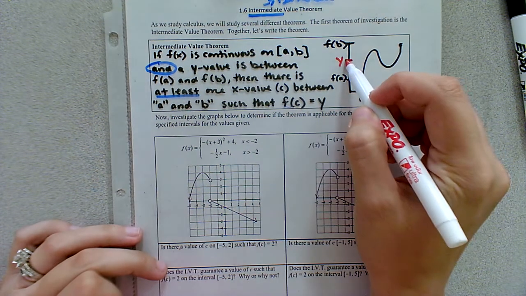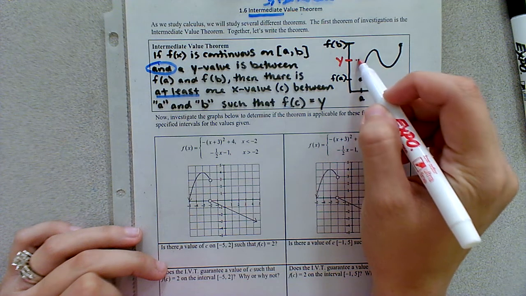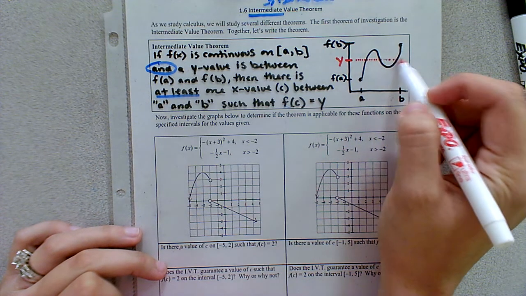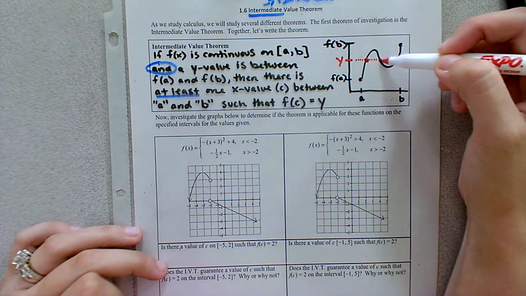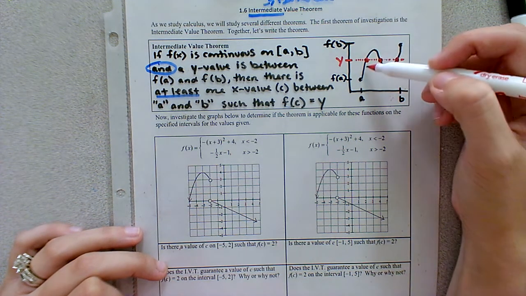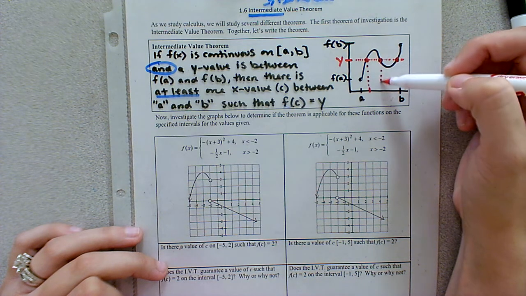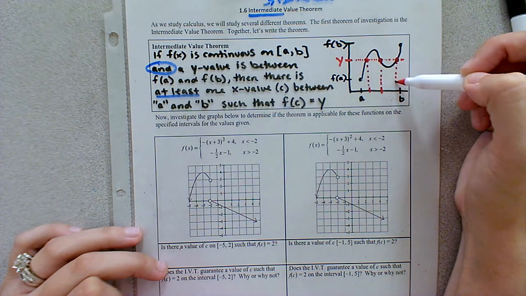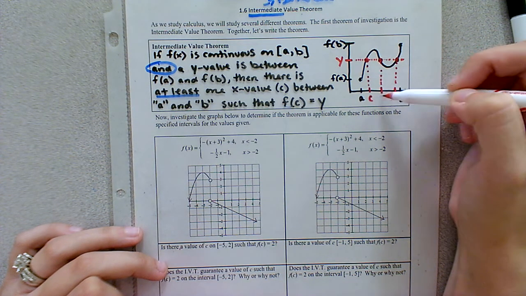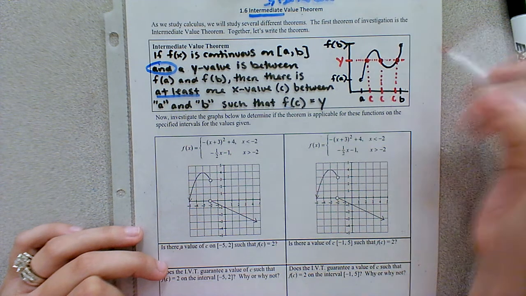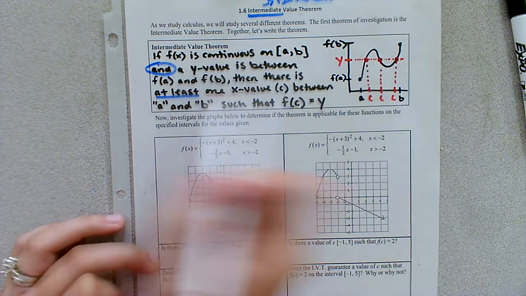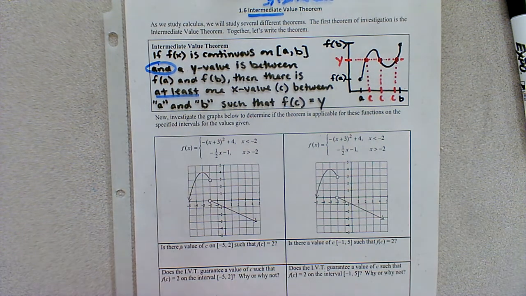Notice that if I know this is a y value, the graph I drew actually has three solutions. So we would have some x value here, some x value here, and another one here. So in this case, you actually have three c values, but you have at least one of them, depending on the type of graph you draw.